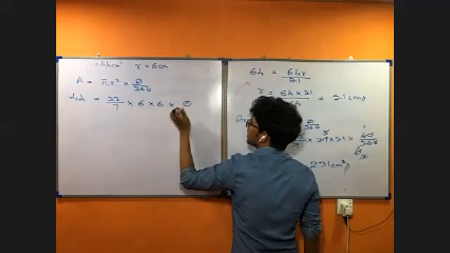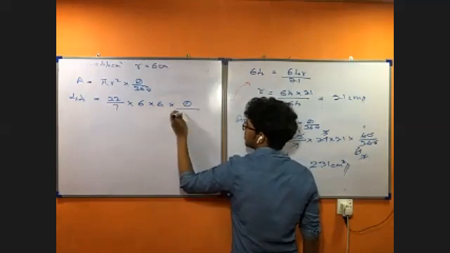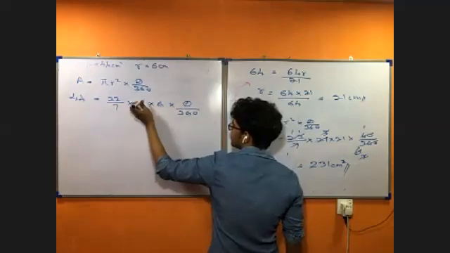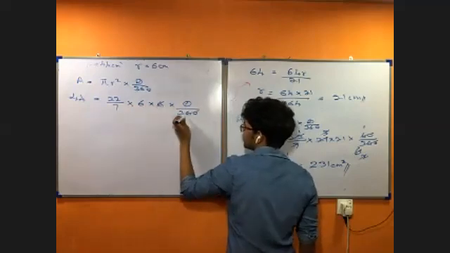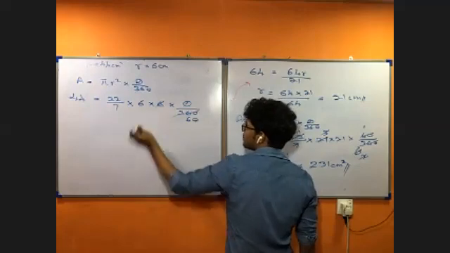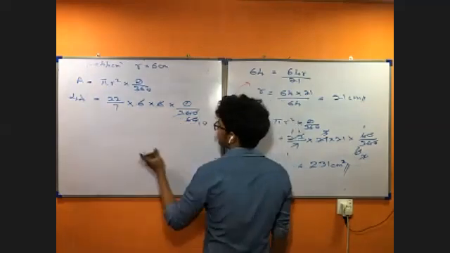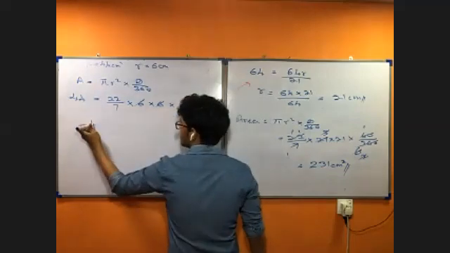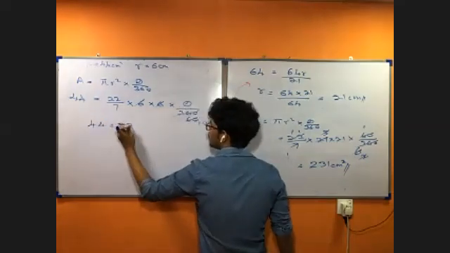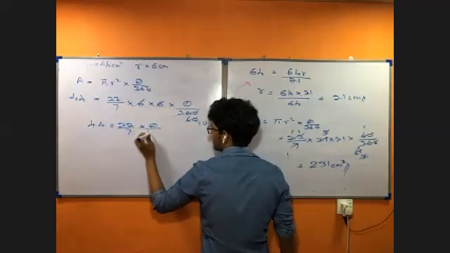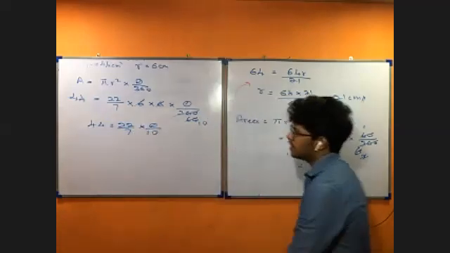Theta, I have to find, divided by 360, right? So here 6 times 6 is 36, so 6 I can cancel. It is going to give me 60, and here again, it is going to give me 10. So I have 44 is equal to 22 over 7 multiplied by theta divided by 10.